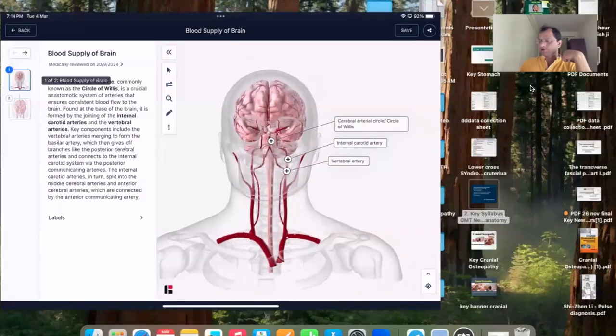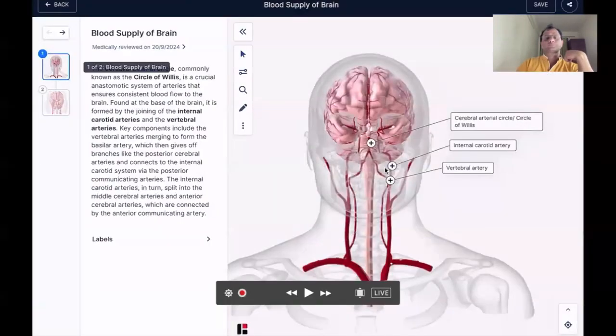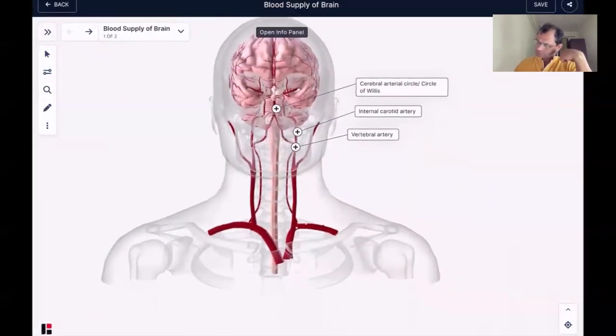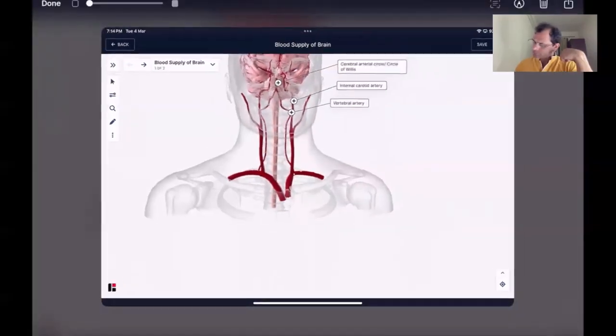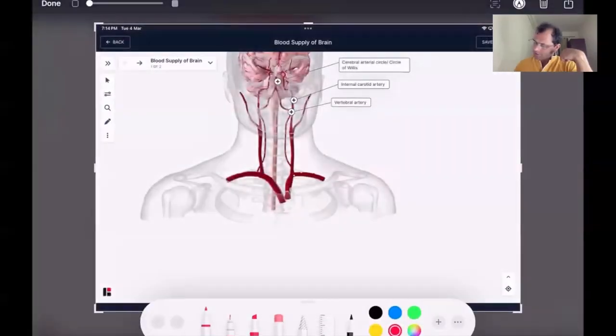We are looking from the front side. If the heart is here, pumping the blood, and this is the arch of the aorta.